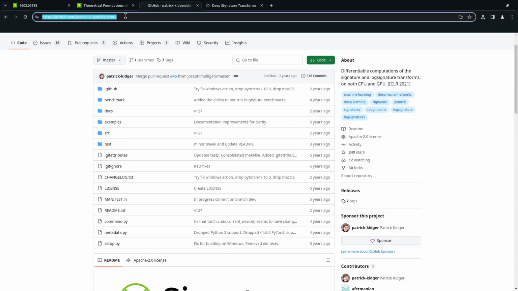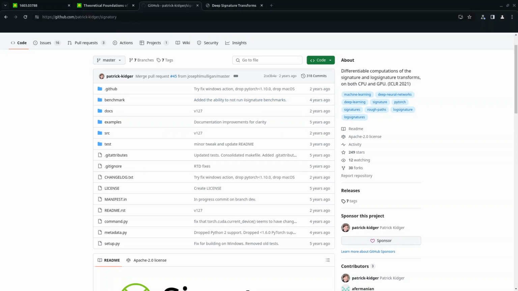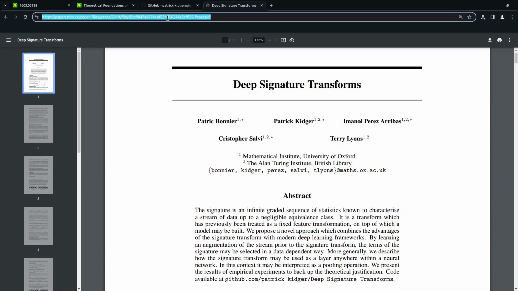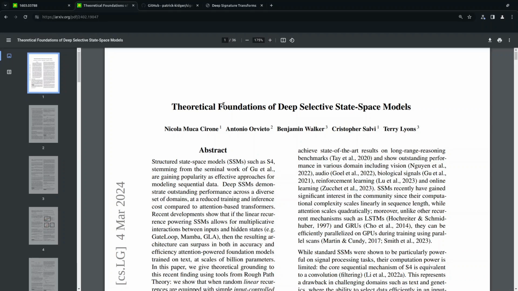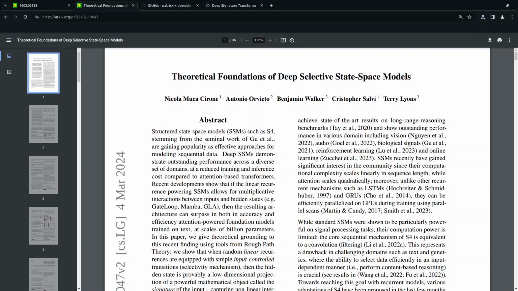I think we'll link this one previously, but let me link both of these. Okay.